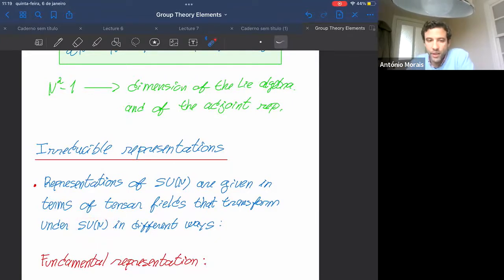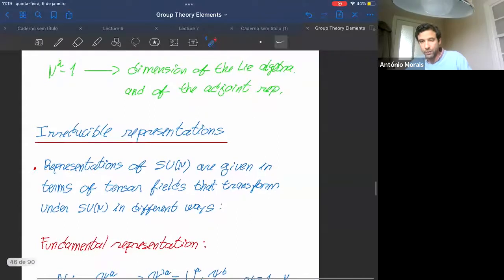Depending on which representation you are in, for example for SU(2), you can have a singlet, a doublet, or a triplet. A singlet is an invariant of the symmetry. No matter what you do, no matter how you rotate it, it's always the same. It's invariant under rotations of SU(2).